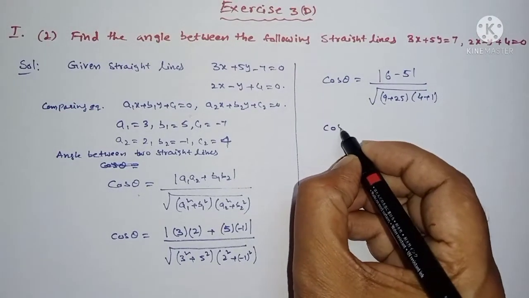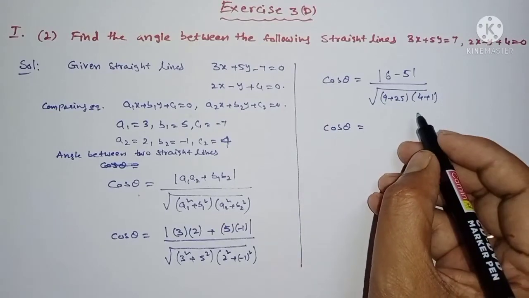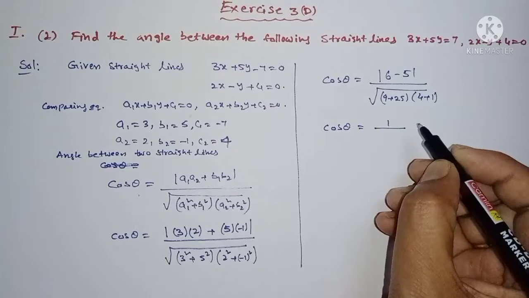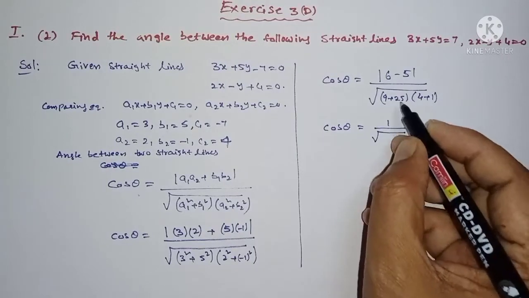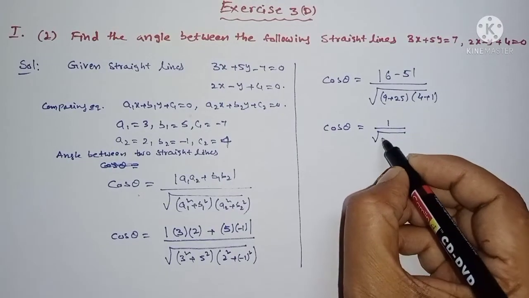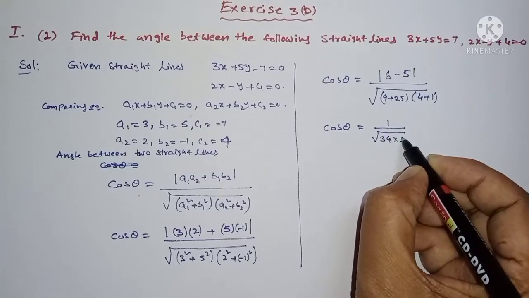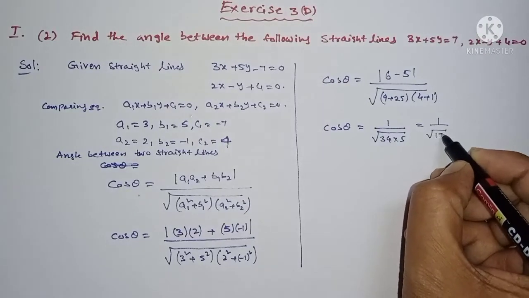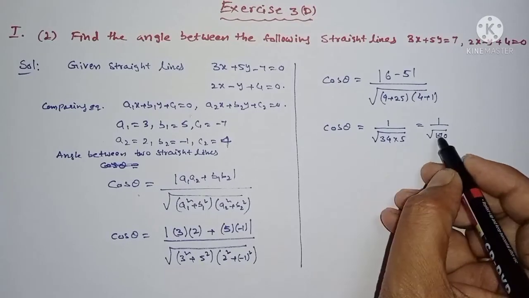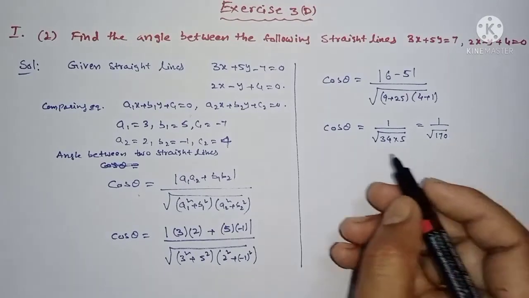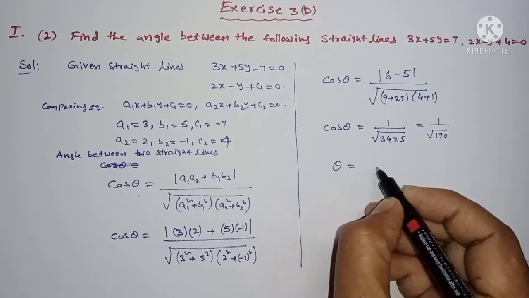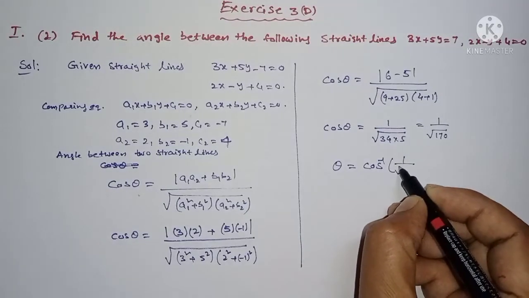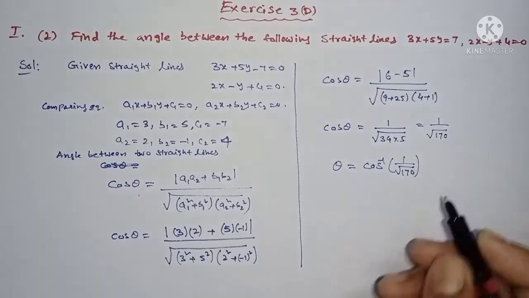Therefore cos theta is equal to 1 by under root of 34 into 5, that is 1 by root 170. Therefore theta is equal to cos inverse 1 by root of 170.